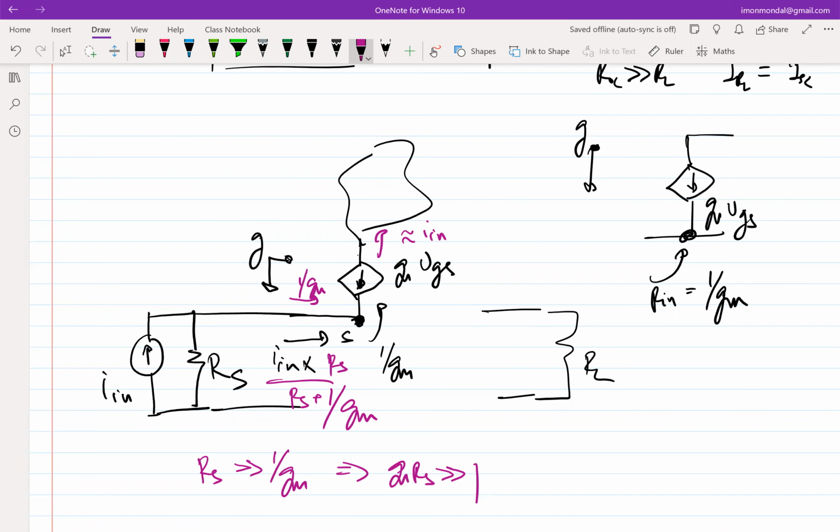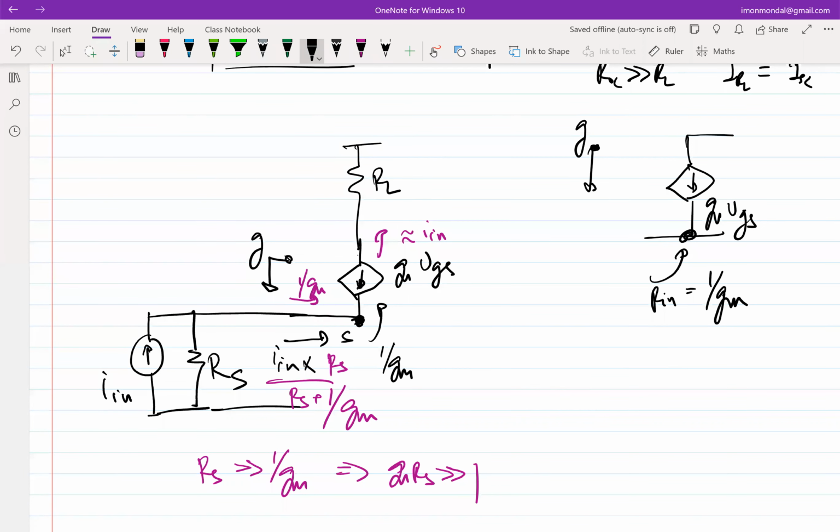And this current that is flowing out, is it dependent on the output resistance? Let's assume I choose to connect this resistance RL here. If I change the value of RL, will the value of I in change? It will not change, because the output impedance of this is infinity, right?